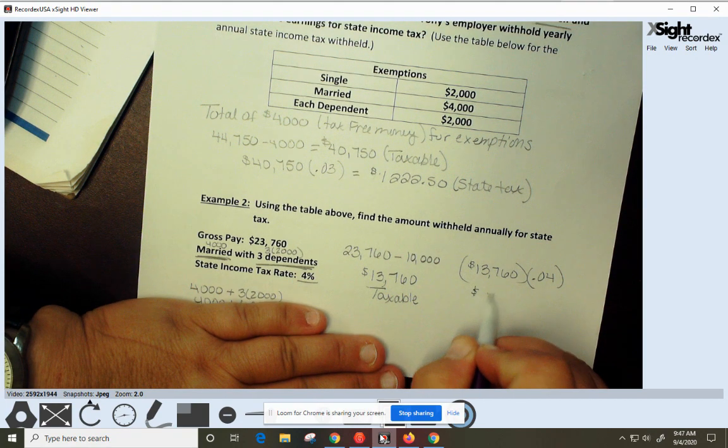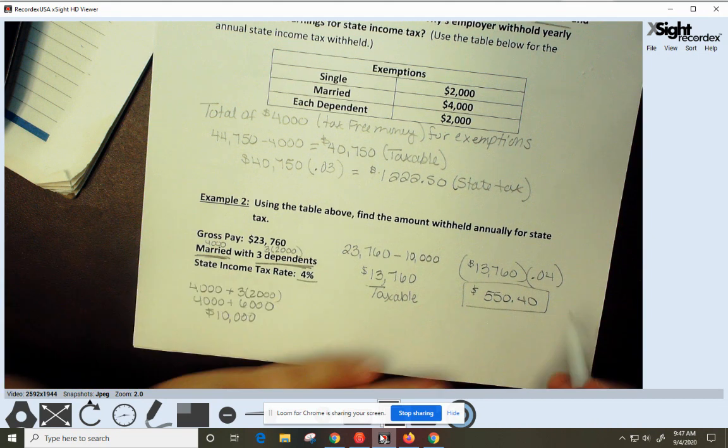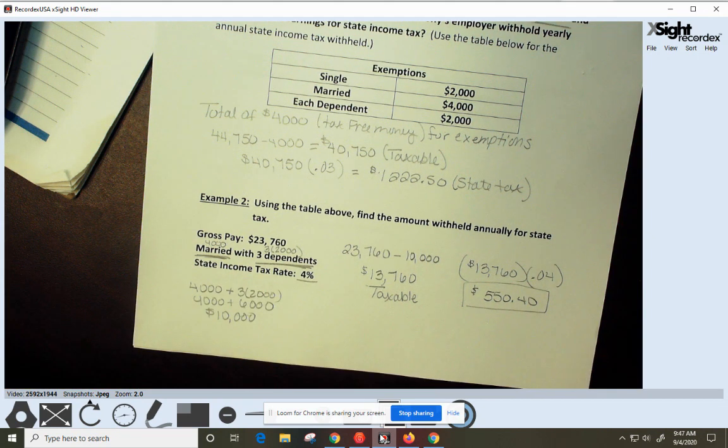So he would have $550.40 a year coming out for state income tax.